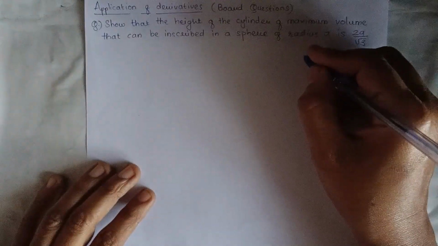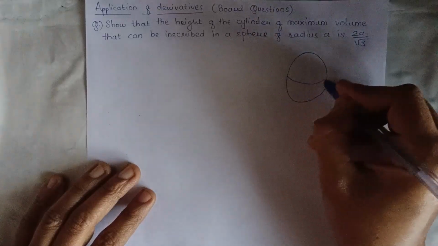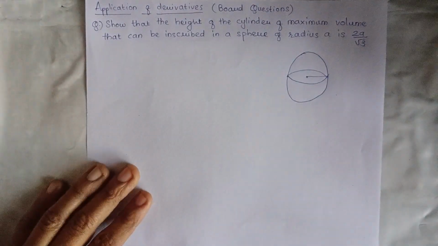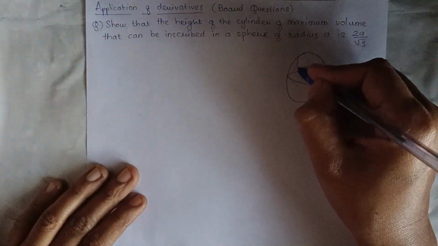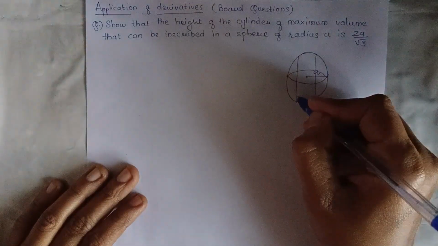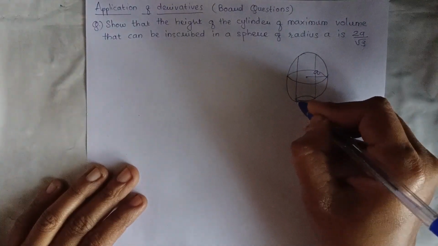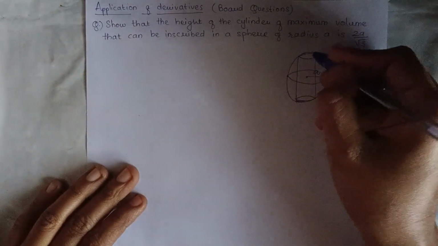So here there is one sphere, and its radius is a, and one cylinder is inscribed in that sphere.